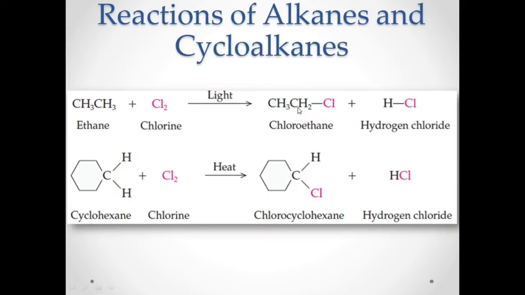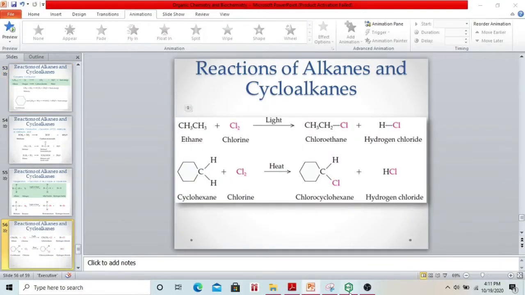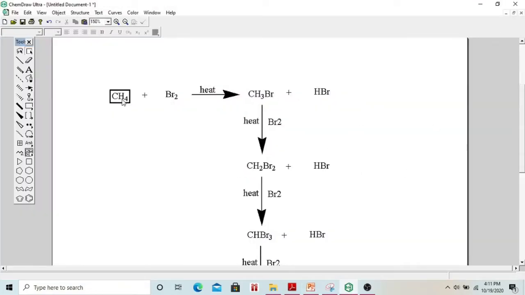Okay, so I have here an example. For example, I have methane. So methane plus Br2, this is bromination for methane, plus heat. Then you would expect that a hydrogen from your methane would be lost. Your Br would be substituted to that hydrogen, so you will form a bromomethane plus a hydrogen bromide.